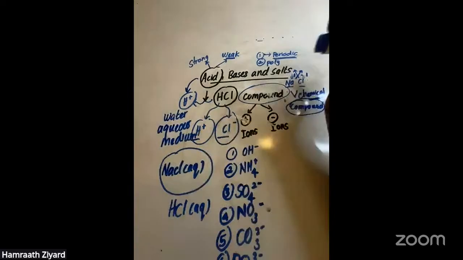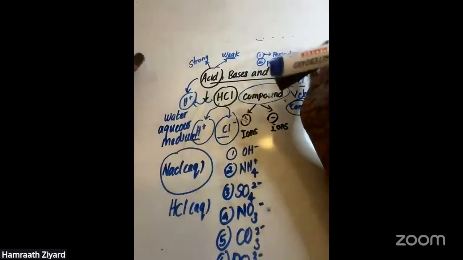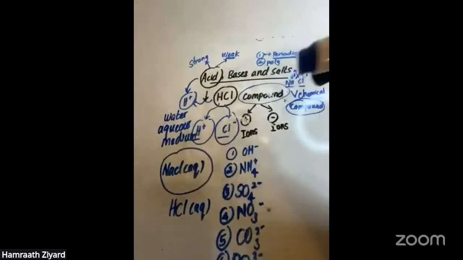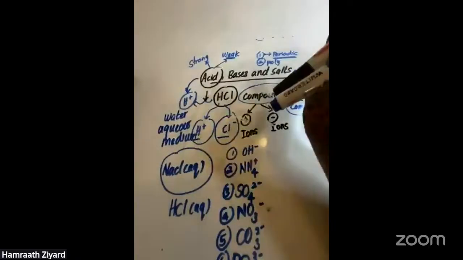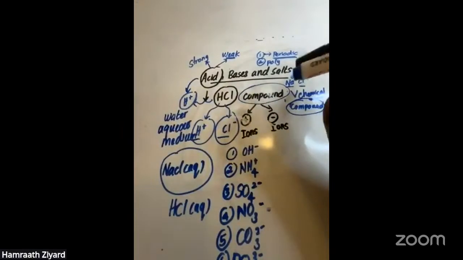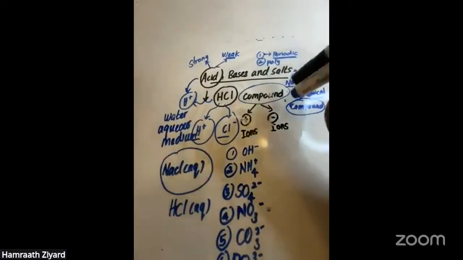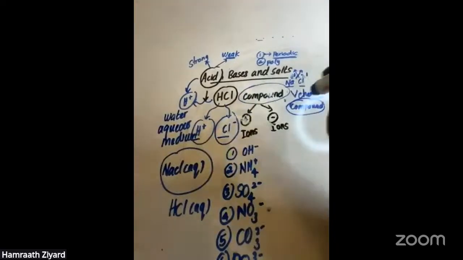Most of the acids are rich in hydrogen ion. Everything has a speciality, right? For example, if you are a person who only chooses pink color, that is your speciality.